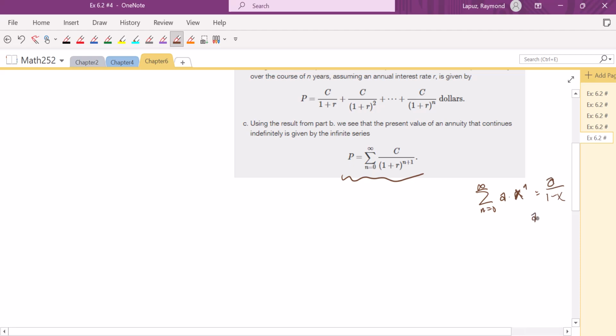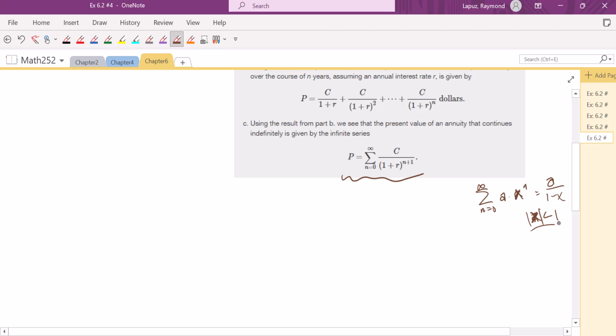And this is good for x values where the absolute value of x is less than 1. Okay, so R is the rate that we're looking for. It's usually a percentage, usually a small percentage. So 1 plus that in the denominator will give this condition.